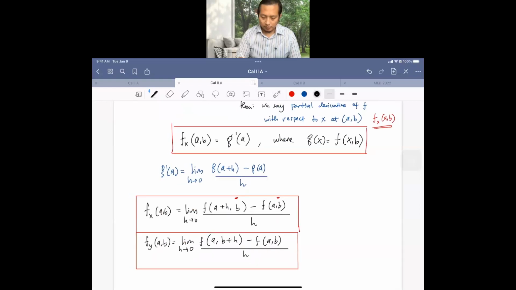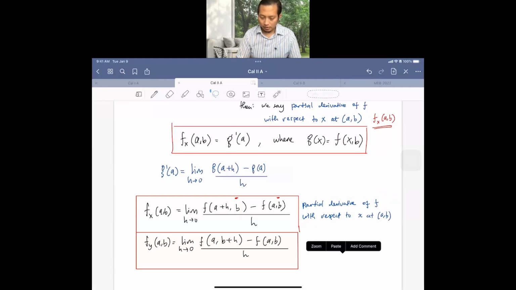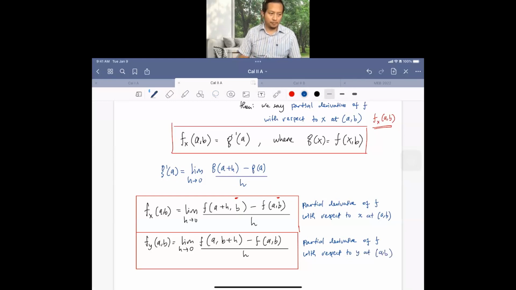So this is the partial derivative of f with respect to x at (a, b). The other one, let me make a copy, with respect to y at (a, b). So the limit definitions are finished.